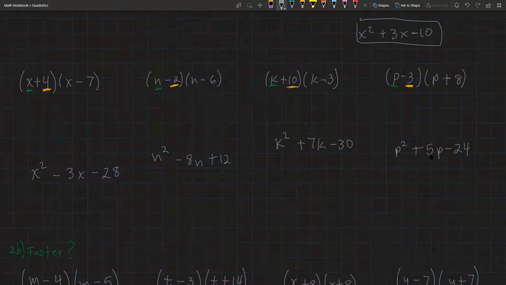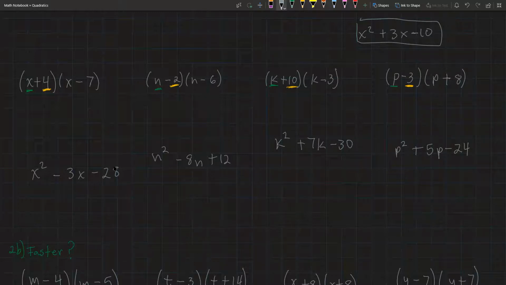So hopefully you were thinking sum to get the middle term, or not necessarily the middle term, the term associated with the variable of p, or just k, or n, or just x, not the x squared one. That's the association, all right, with that variable. We're just taking the sum of the original integers given in the problem.